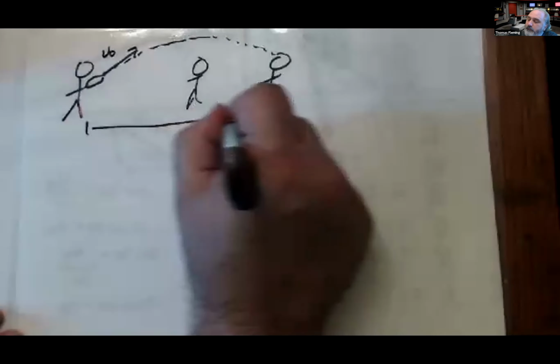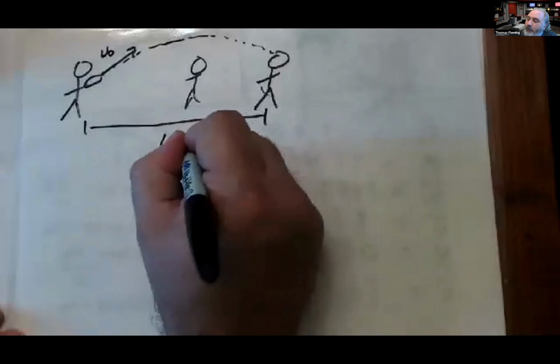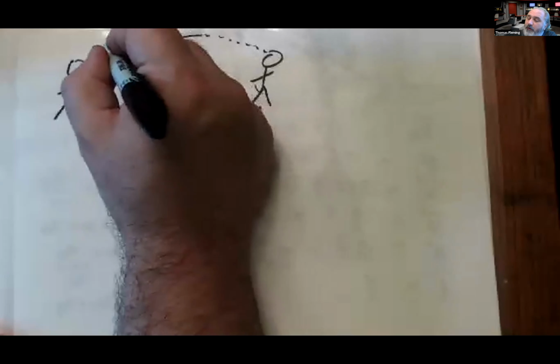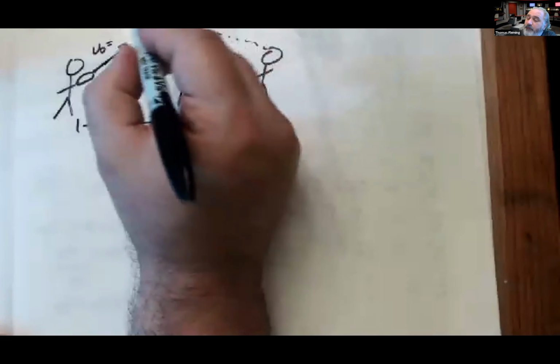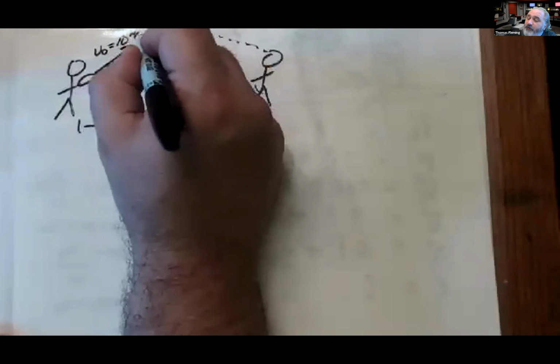So let's say that his receiver is 15 meters away. That's a pretty long pass. And he's throwing this ball at a velocity of 10 meters per second.